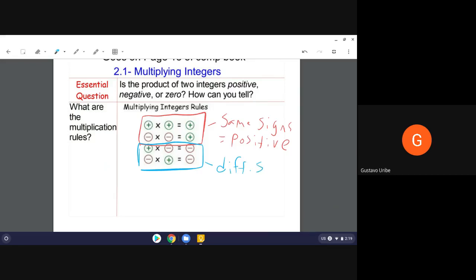So, different signs gives me a negative. We're going to use this as a reference for rules that you're going to be utilizing the whole year and for the remainder of your education in math. Whenever you're multiplying numbers that have the same sign, your answer will be a positive. When you multiply different signs, you will be getting a negative product.